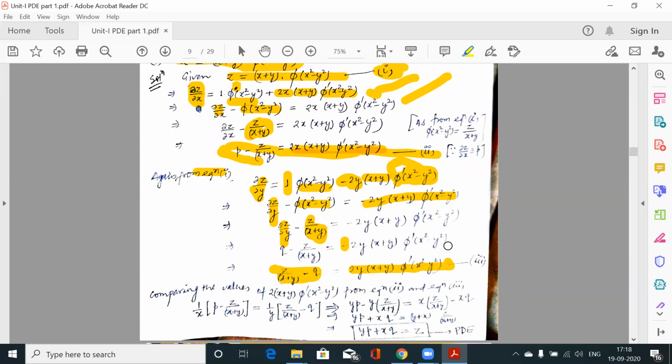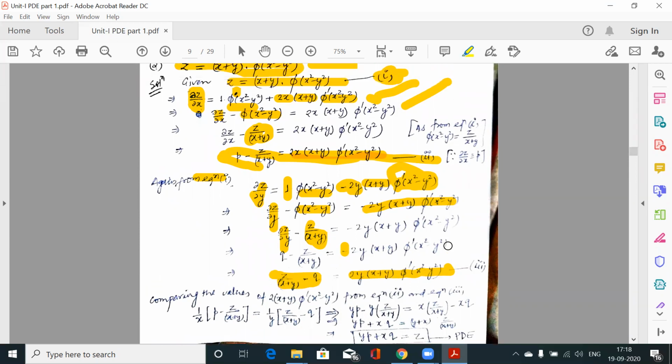Now our objective is to eliminate this function phi and get a differential equation. So we can see from equation 2 and 3, both include phi dash. So from both of the equations, we can get the value of phi dash.